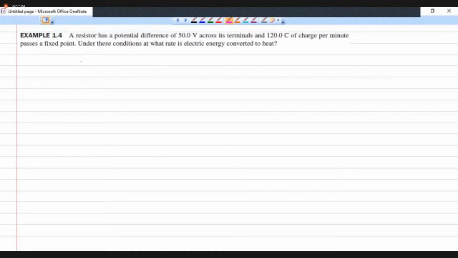A resistor has a potential difference of 50 volt across its terminal, and 120 coulomb of charge per minute passes a fixed point. So under these conditions, at what rate is electric energy converted to heat?